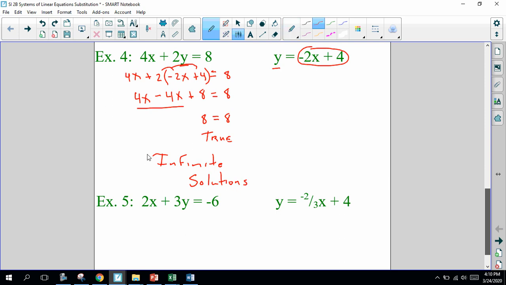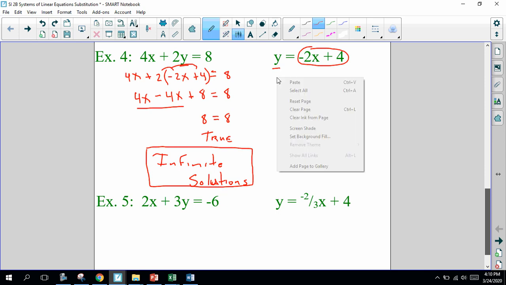And so we write infinite solutions. And basically what that means is if I were to graph those two lines, it would be the exact same line twice. Okay. Nothing else further to do on that one.